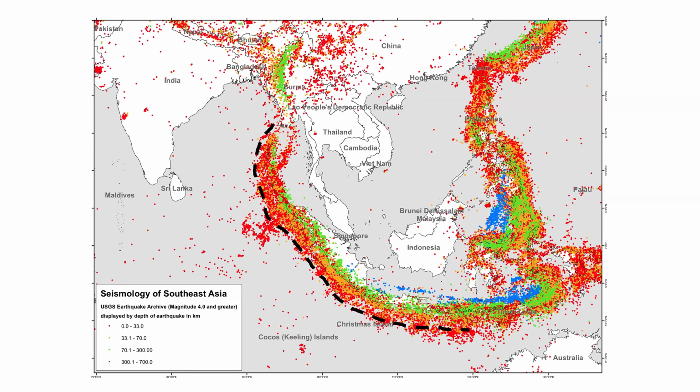When we look at the seismicity, in the eastern part, the red dots are the shallowest, as we can see here, orange, light blue, and dark blue going to the deeper depths. So in the eastern part of the system, there are earthquakes that go down as much as 700 kilometers.